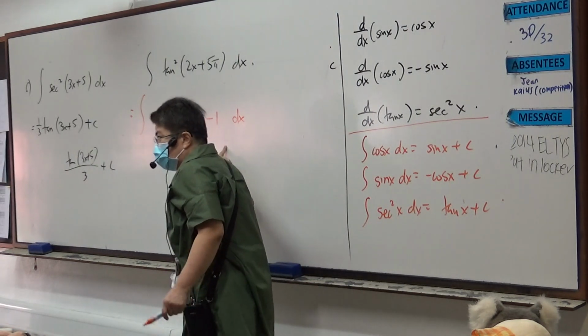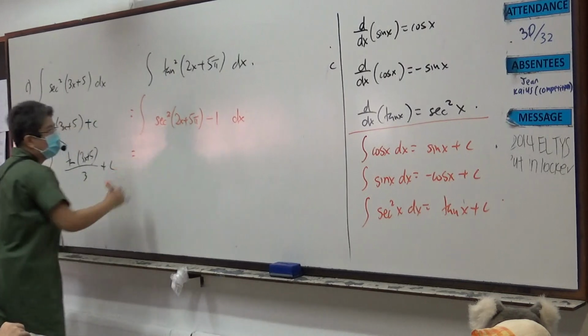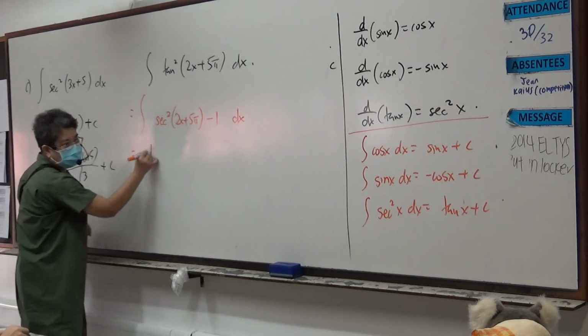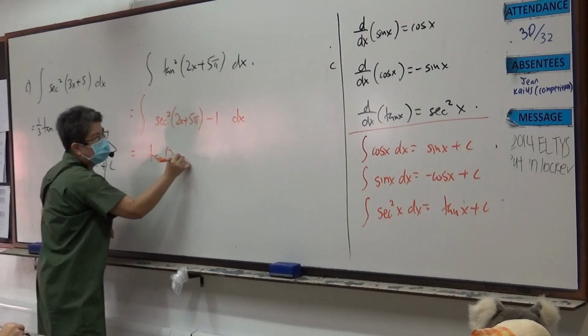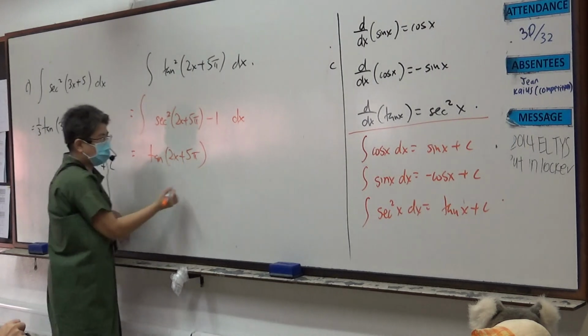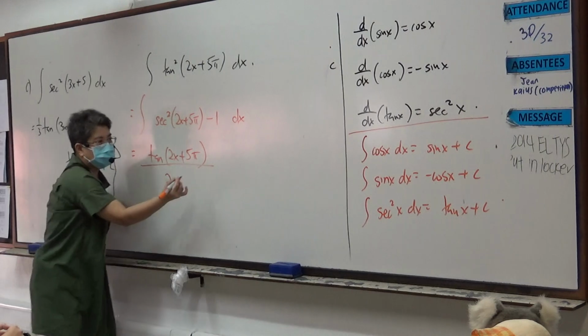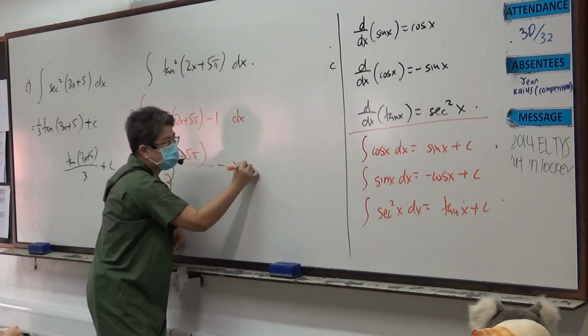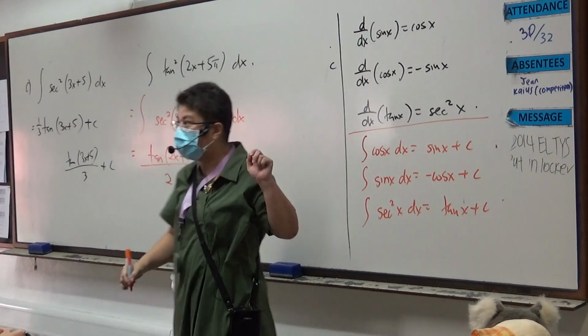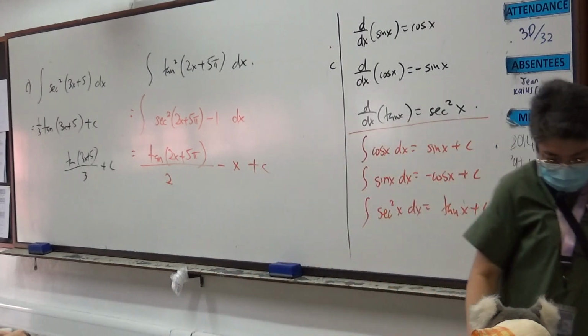Understand now? Okay. So I integrate. Secant square will become what? Tangent. I must divide by what? 2, right? Then minus x plus c, right? You still must integrate this one. That's a negative 1, so it's negative x.